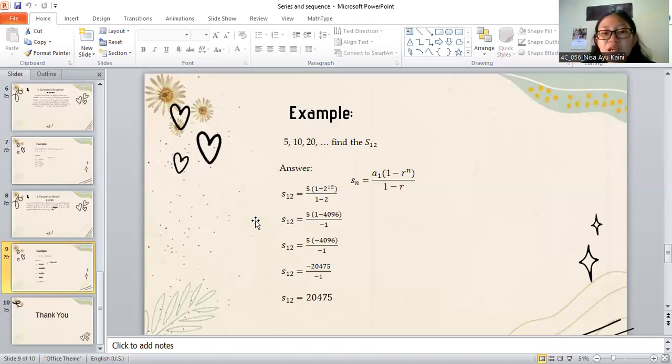And S sub 12 equals 5 multiplied by minus 4,095 over minus 1. And S sub 12 equals 20,475 over minus 1.